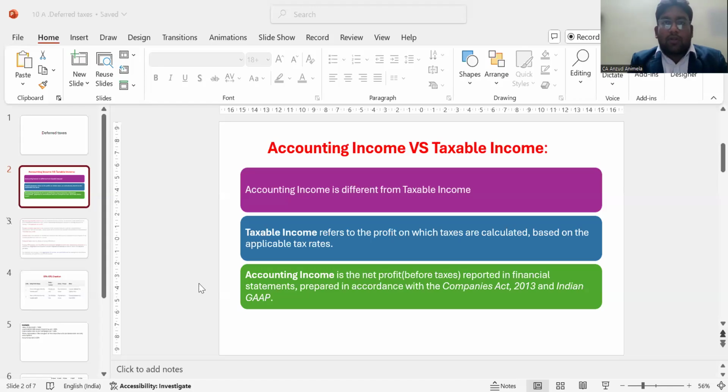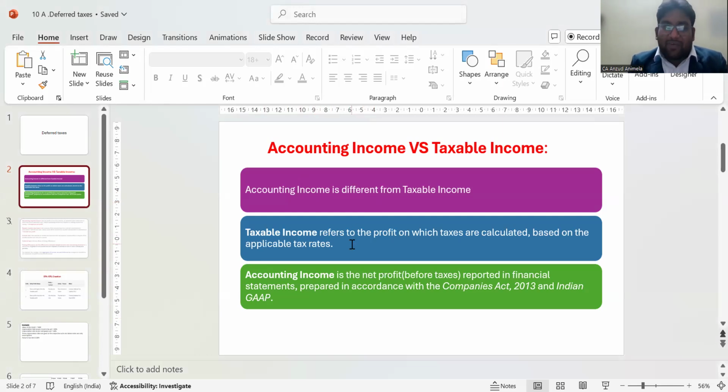Now let me try to show the same from the PPTs. So, deferred taxes: accounting income versus taxable income. We all know that these are two different things.